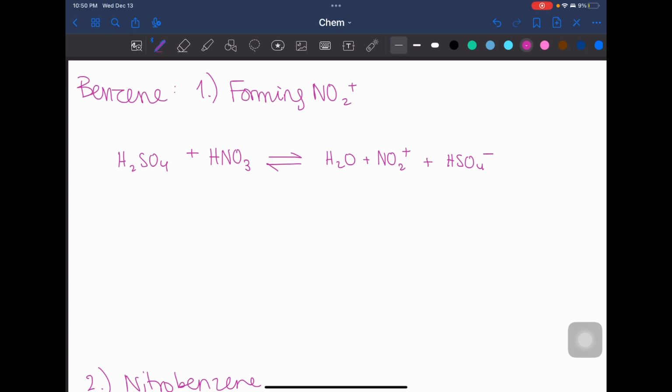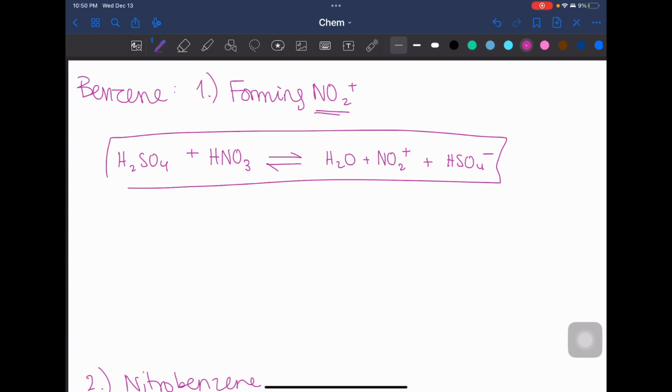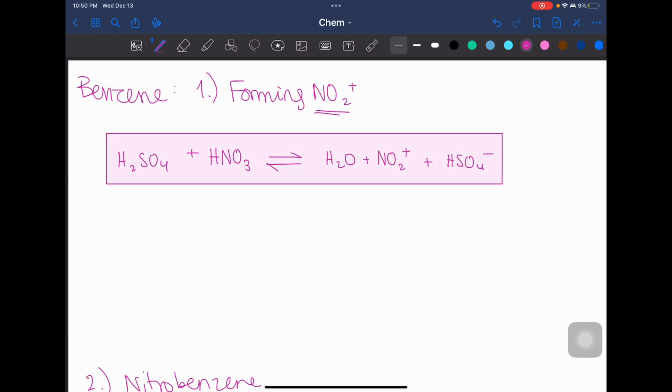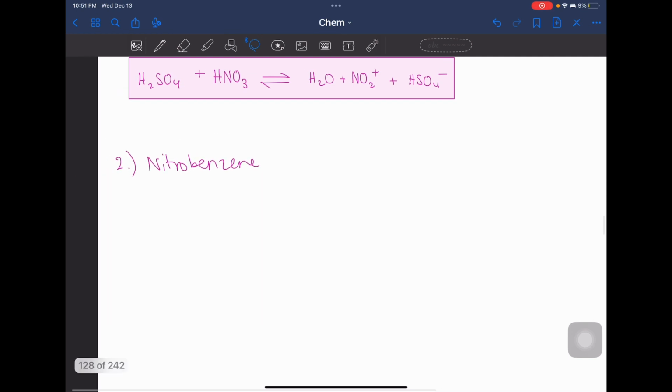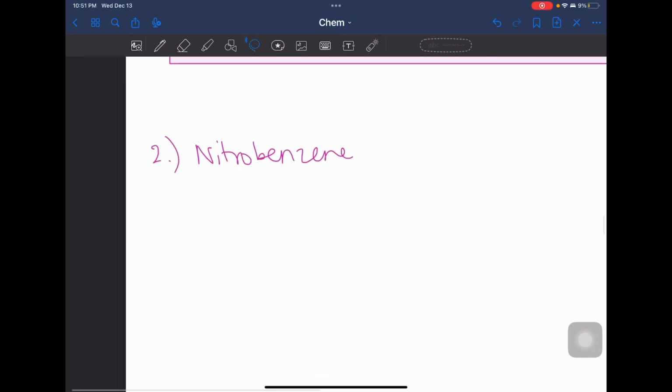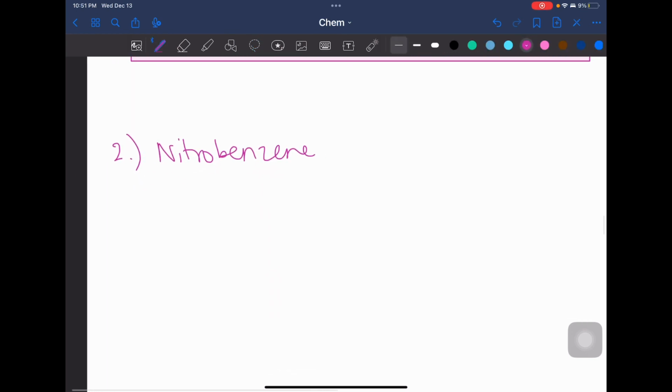And this is how we form NO2. We're going to need a balanced equation. So here's our balanced equation. And this leads us to the next part, which is forming nitrobenzene. So we're going to take our nitronium ions and we're going to add them to a little benzene.